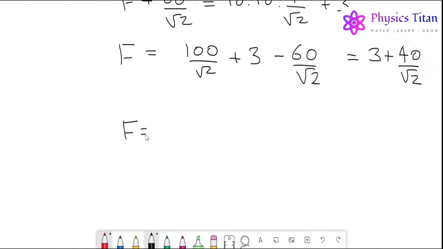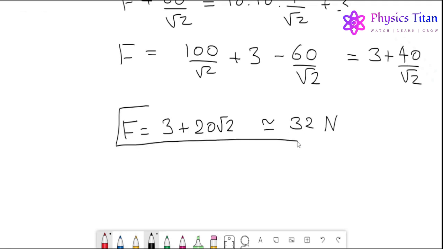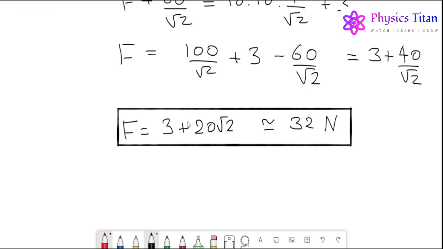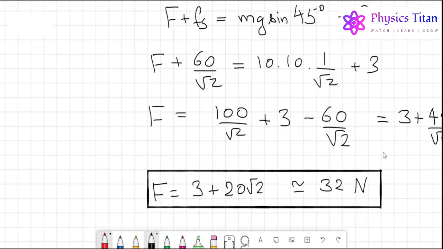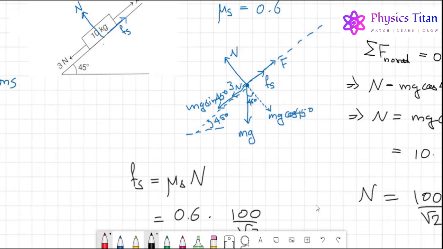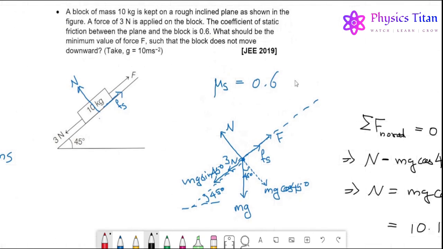So F will be equal to 3 plus 20 root 2, which is nearly equal to 32 newtons. This is the force which we need to apply in the upward direction of the slope so that the block will remain at rest. So this is the answer for this question.